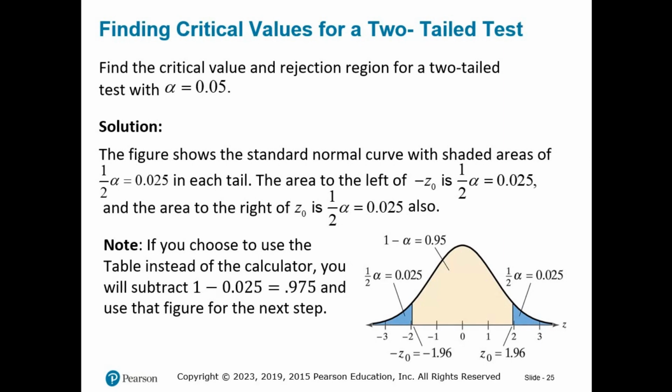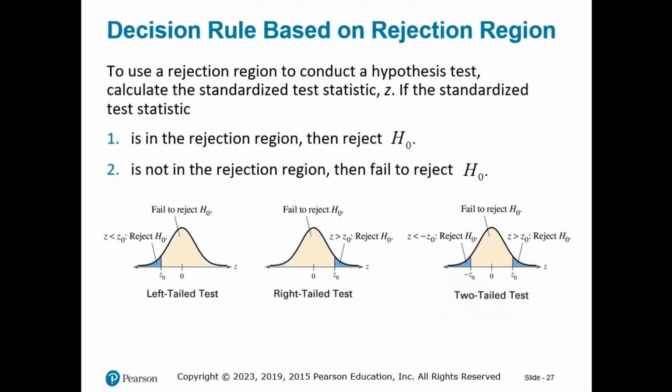Then here's how we compare them for our test. If the standardized test statistic, or regular z, is in the rejection region, meaning its graph would show up within the graph we made with our significance level, then we reject the null hypothesis. If it is not in the rejection region, then we fail to reject the null hypothesis. And that makes sense, right?